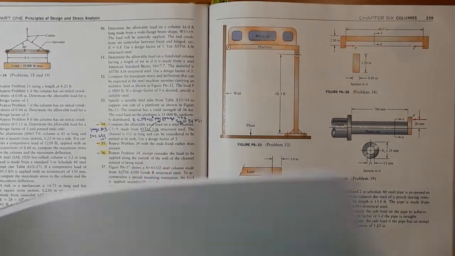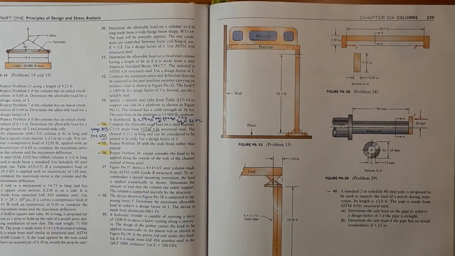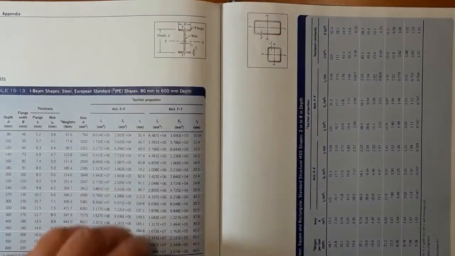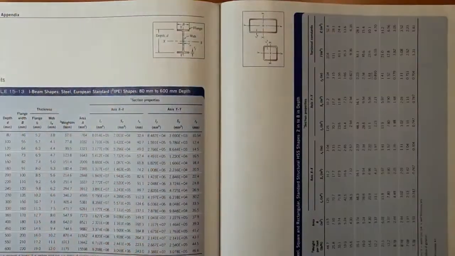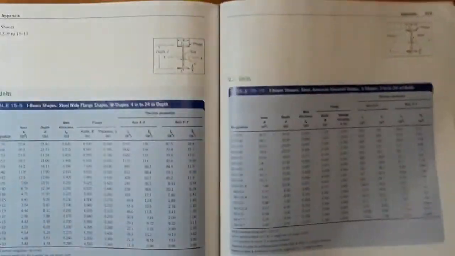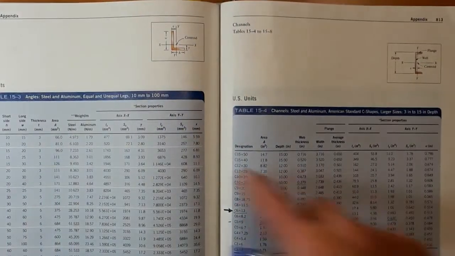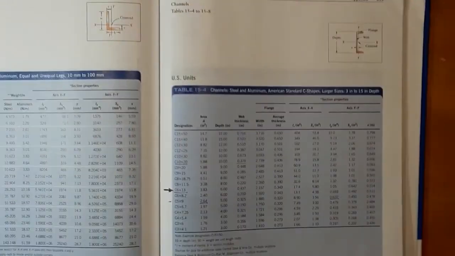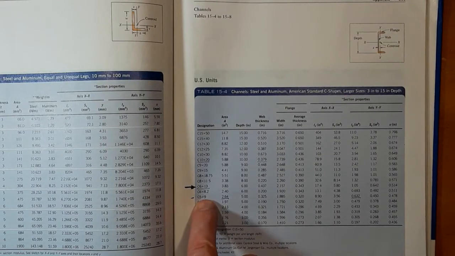Okay, so let's look at the back of the book where C-channel geometries are presented. So this is aluminum. This is the steel channel. And ours is C5 times 9.